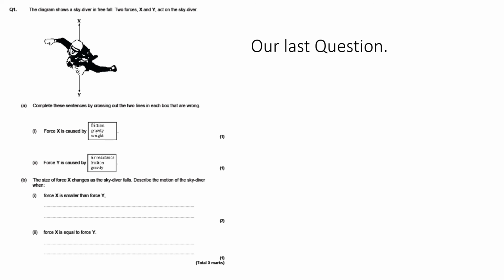X is going against the skydiver, so that's going to be caused by friction. So we cross out those 2.